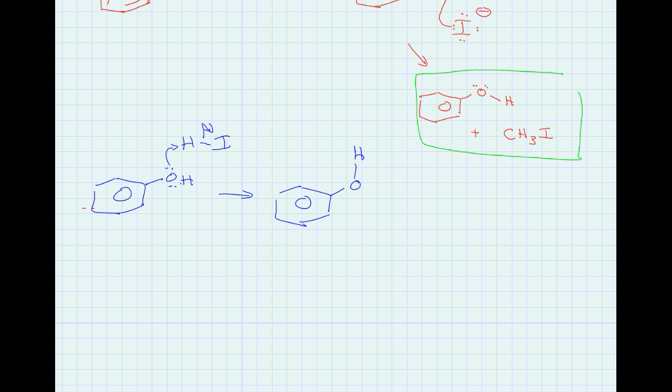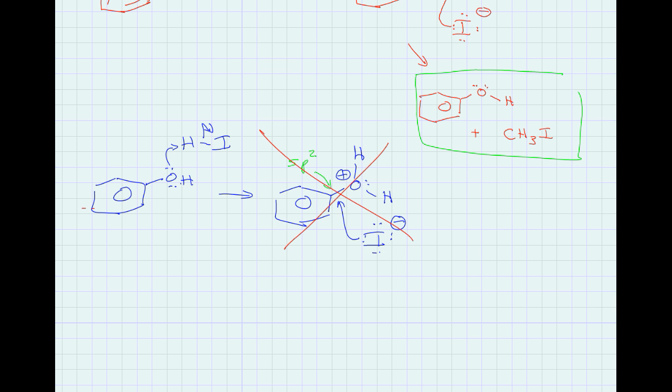And we'll have a positive charge on our oxygen. Why can't this happen? Why can't we have our iodide anion then just come in and attack here? This cannot happen. And the reason that cannot happen is because this is an sp2 hybridized carbon here. So because of that, it cannot happen.